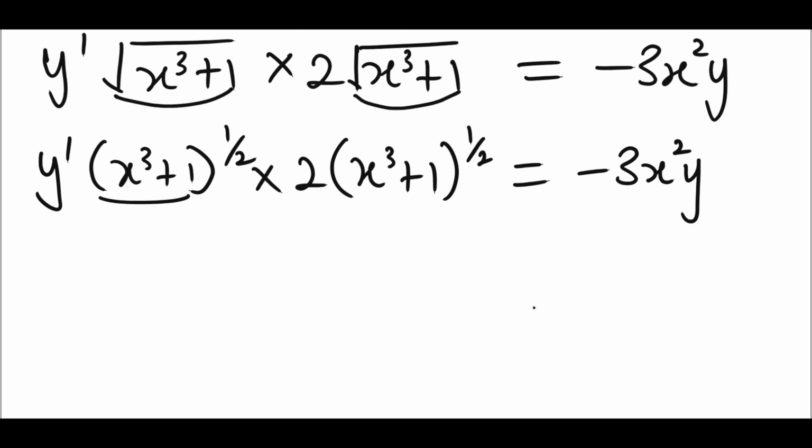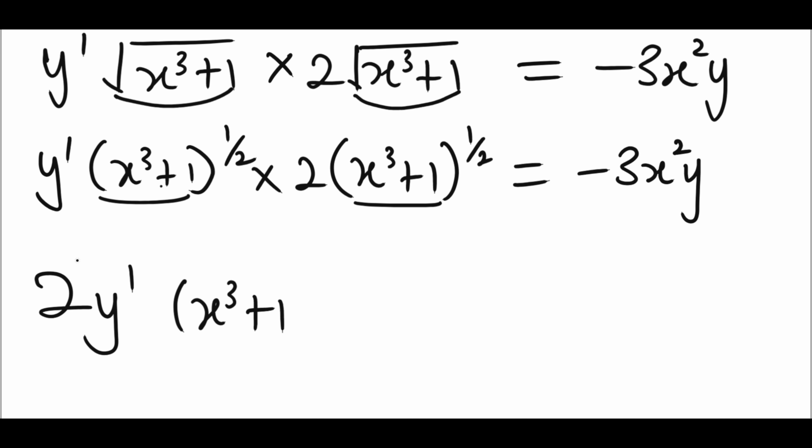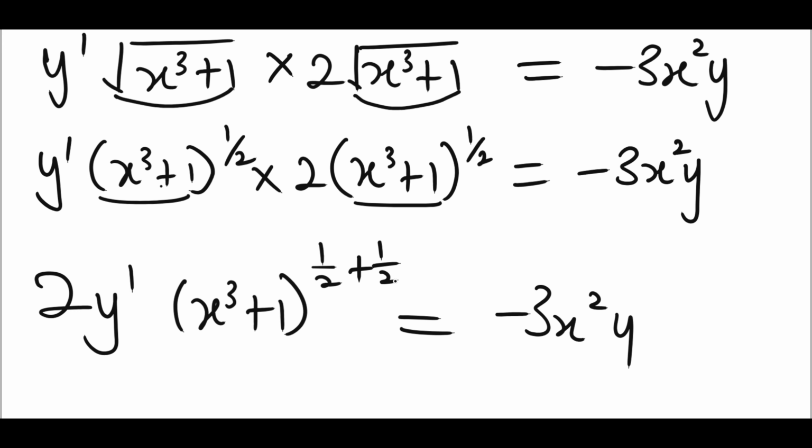So this and this are the same, so we add the powers. You have y prime. So we can bring the 2 to the other side of the y prime. So we are going to get 2y prime. Then we have this and this having the same base, so it's going to be x cubed plus 1. Then you add the powers, so half plus half indices, all equal to negative 3x squared y.